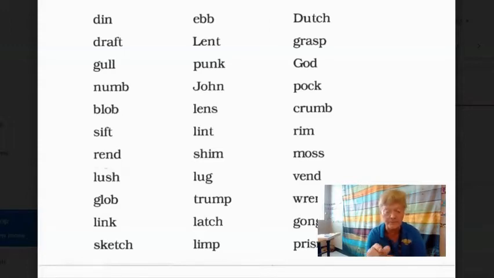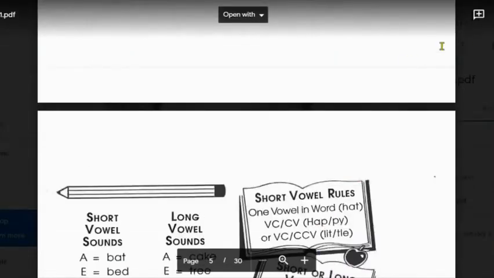You can see on this page, there's a lot more letters in each one vowel in the word. Even for kids that are quite able, boy, that's a lot of letters to put in order. My goal is that they get fast at just automatically putting those letters in order. This one vowel in the word chapter is really setting the stage for them to do well when they start dividing words into syllables.